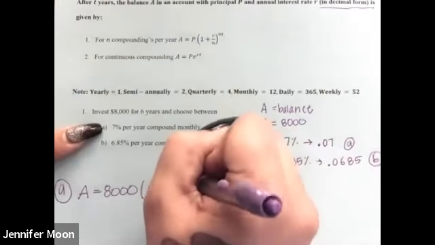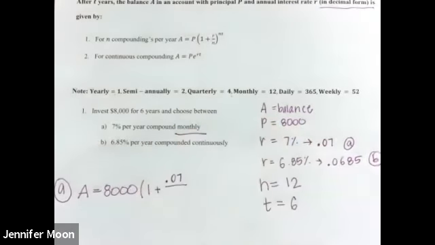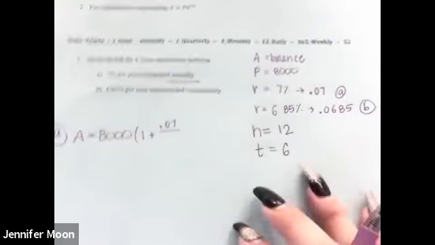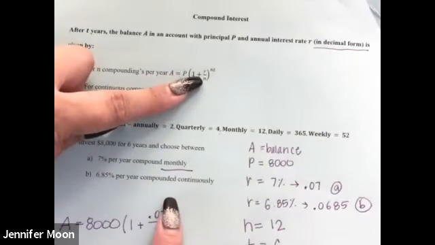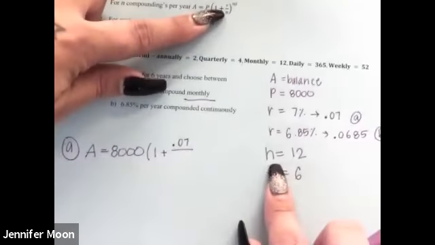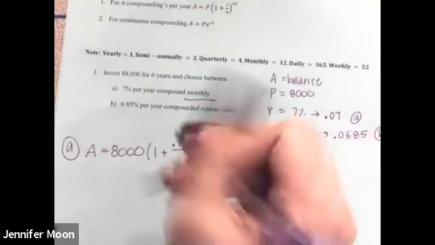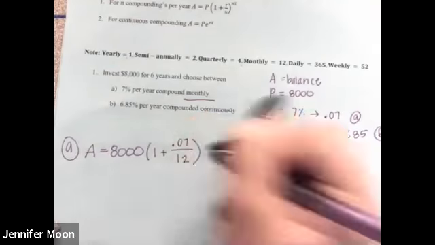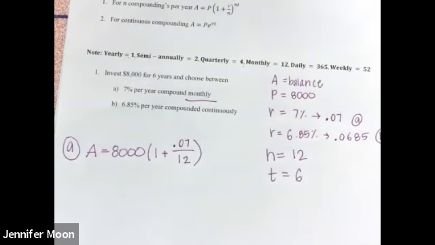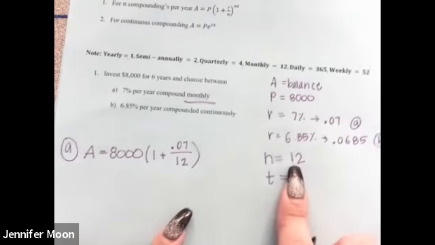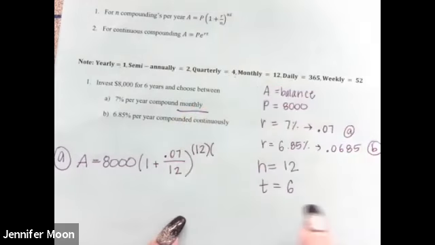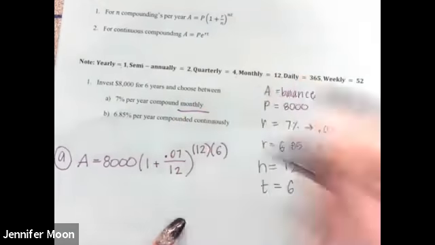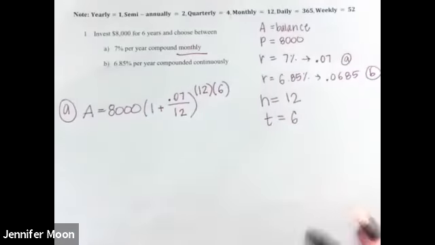I'm trying to save a little bit of time, get this posted for y'all to have, but just keep those separate, okay? Then the formula says to divide that by N. My N is 12. Close your parentheses, and now we're going to raise it to the N times T power. N is 12. T, that was 6 years. So this is what I have.